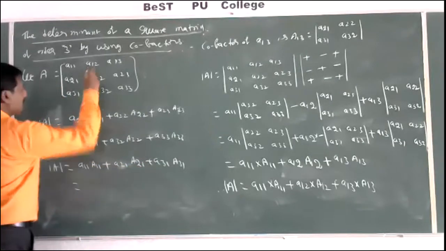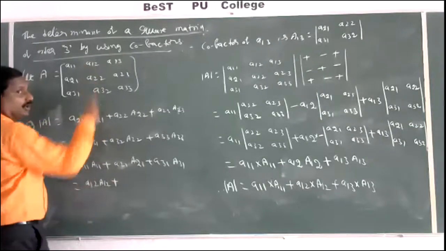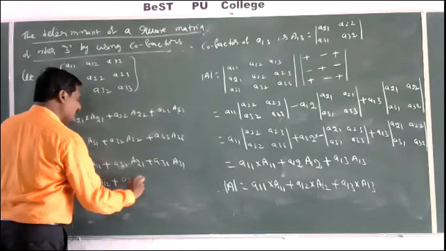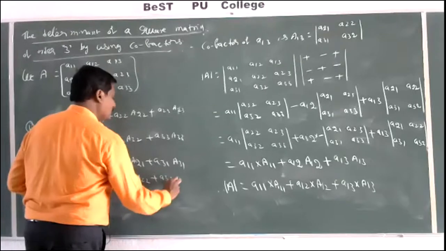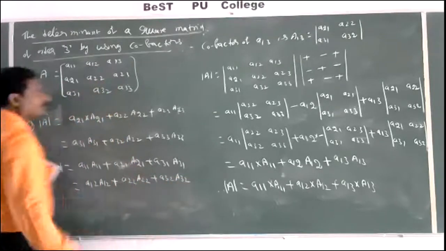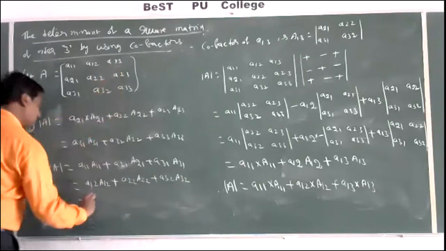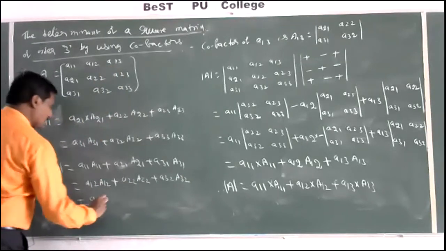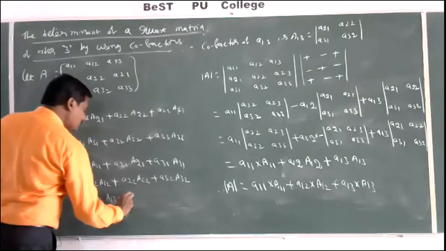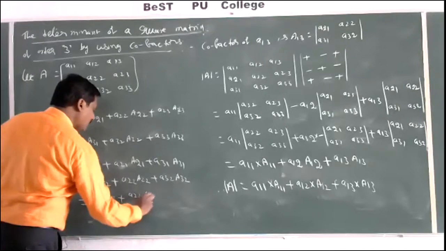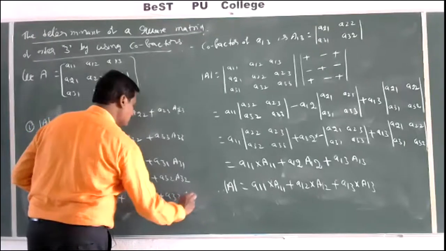If you take the second column: A12, capital A12, A22, capital A22, A32, capital A32. In the same way, the third column: A13, capital A13, A23, capital A23, A33, capital A33.